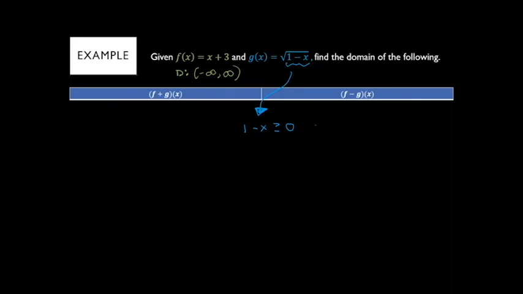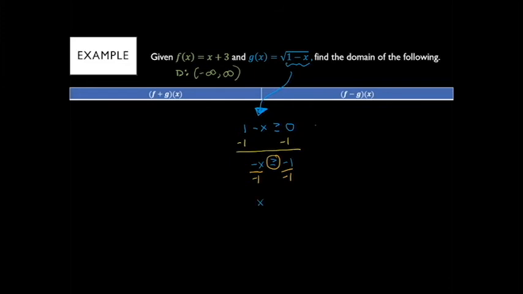So I can solve this inequality. I can subtract 1 from both sides. And this is why we learned about solving inequalities. I have negative x is greater than or equal to negative 1. Then I can divide both sides by a negative to get rid of the negative in front of the x. And when I do that, the inequality symbol is going to change direction.